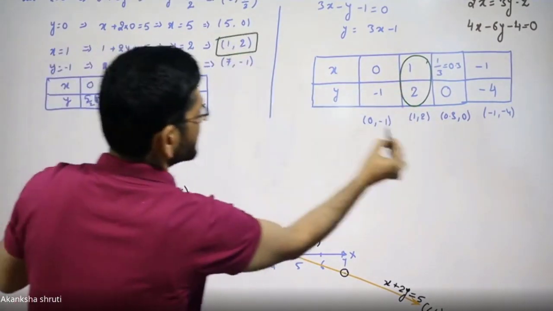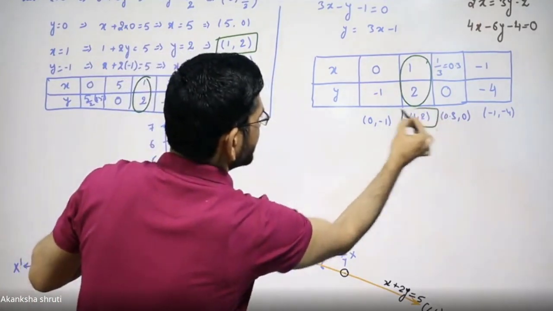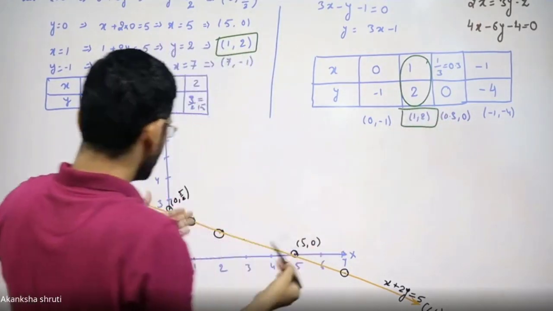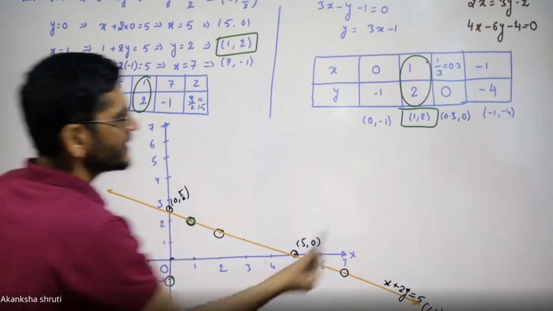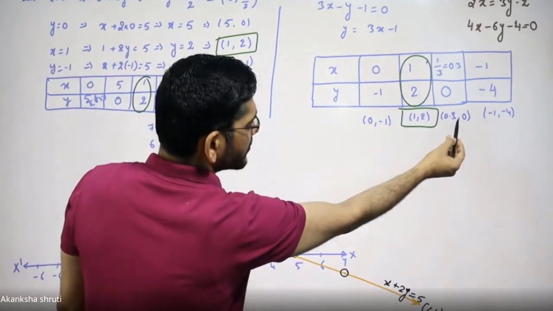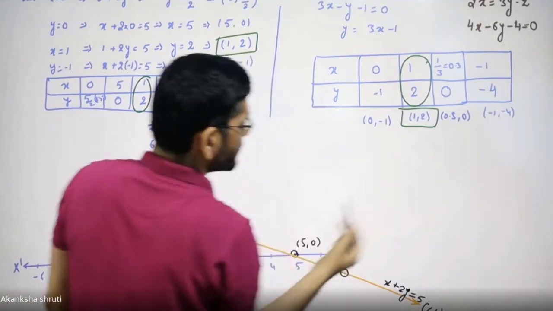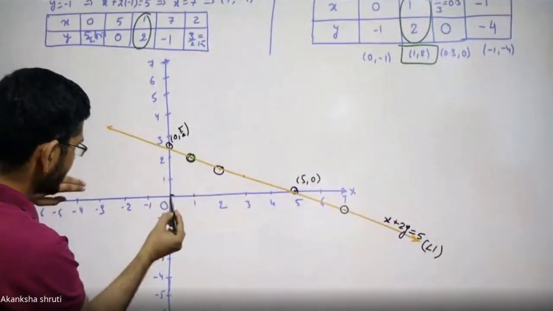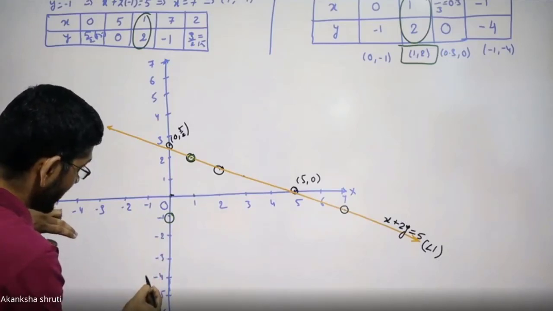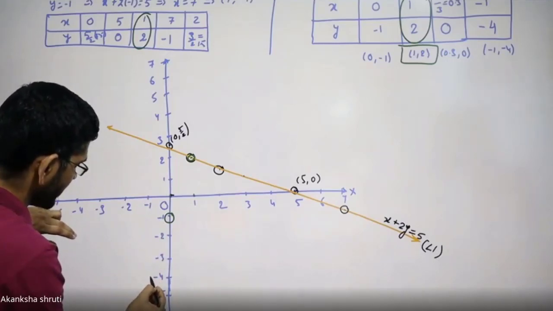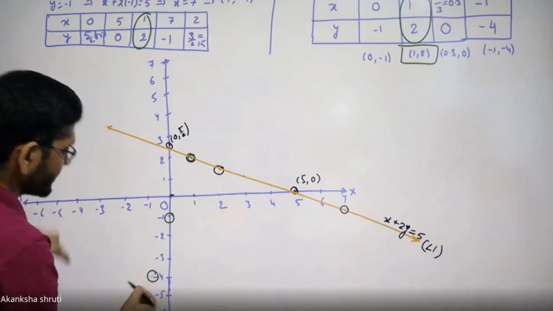Okay, but we have to verify it graphically. If you have not chosen this 1 and 2, then still it will cut here. Take x is equal to minus 1, observe y is minus 4. Taking x is equal to minus 1, here y is minus 4. So it is somewhere here.